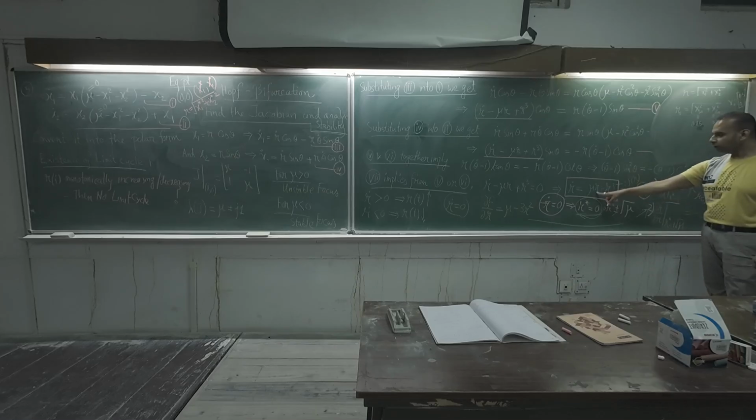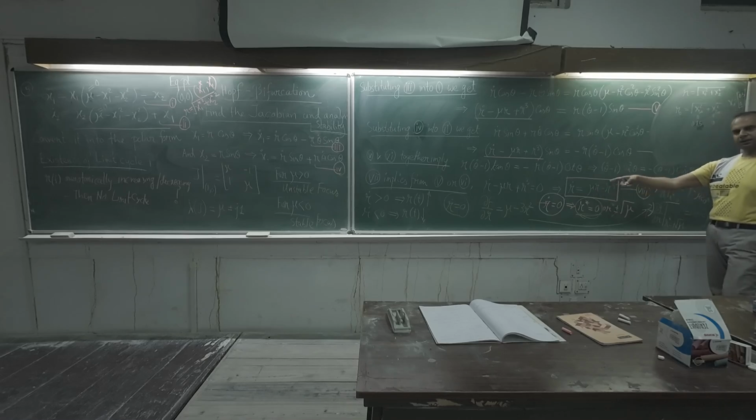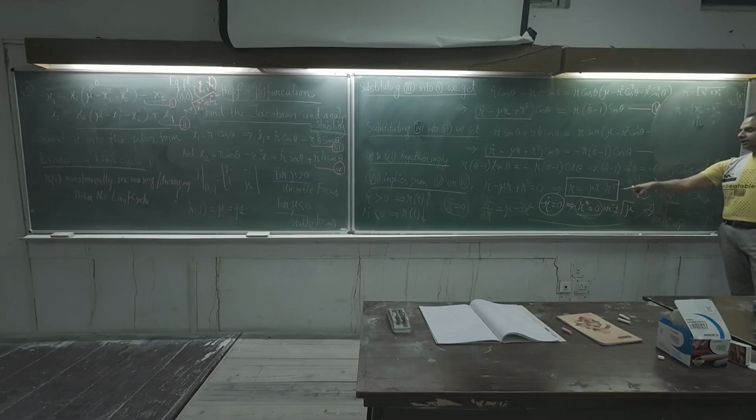So initially you see what will happen. Depending upon mu, mu into R, that means mu into this value, would be either less than R cube or greater than R cube. So accordingly it will be decided whether the initial slope, that means initial R dot, is negative or positive.